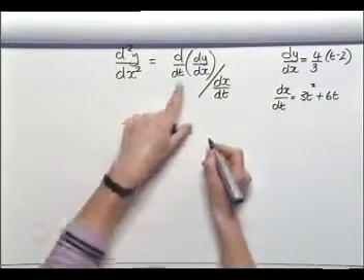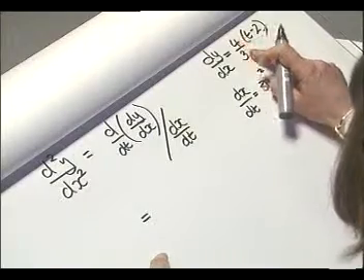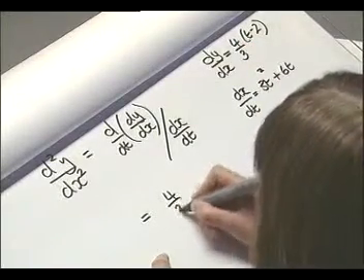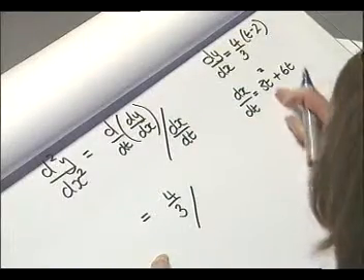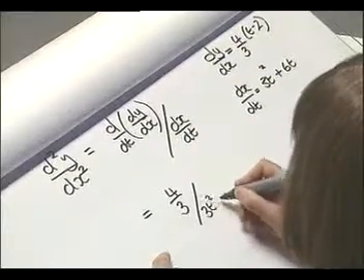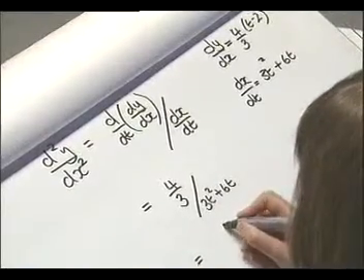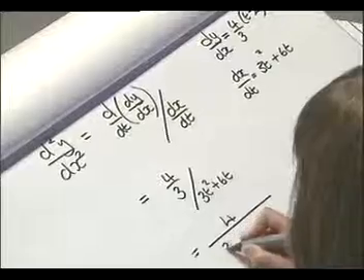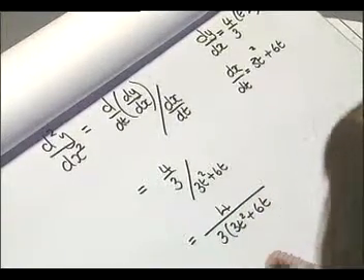So differentiating dy by dx with respect to t, we get 4/3, and then we divide by dx by dt, which is 3t squared plus 6t. So that gives us 4 over 3 lots of 3t squared plus 6t.